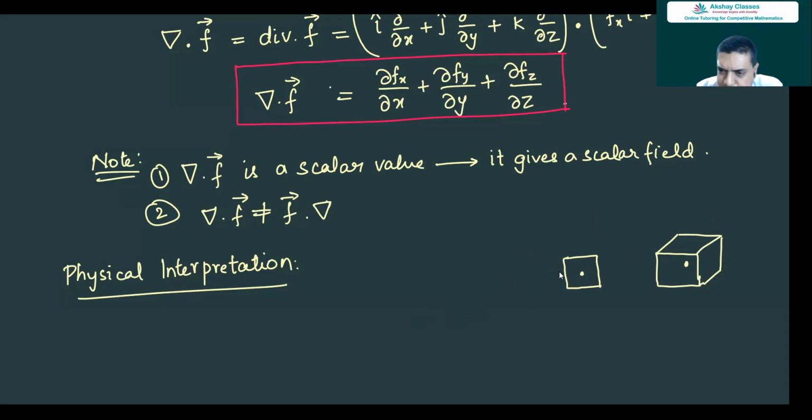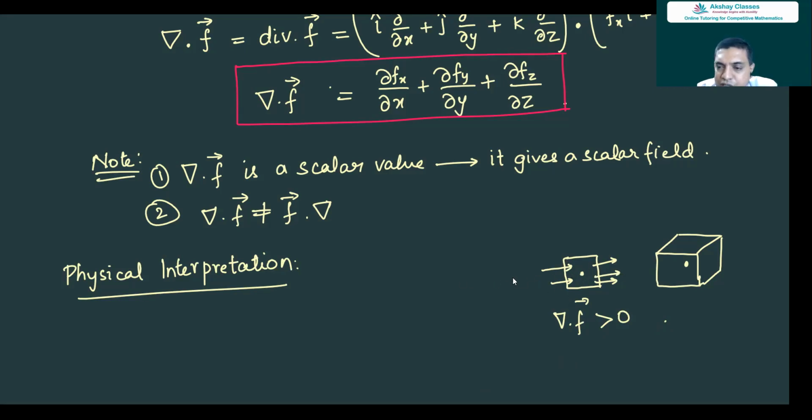So now, divergence means the difference between the inflow vectors and the outflow vectors. If the outflow is larger than the inflow, then the divergence will be positive. Let us consider this as water flowing here.